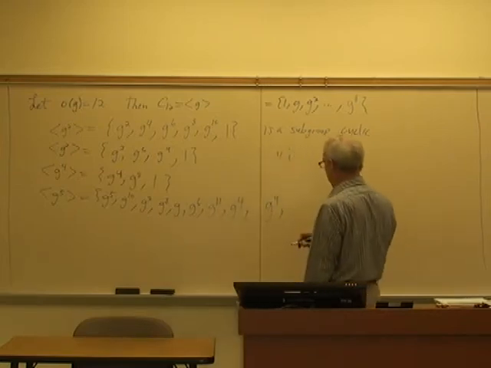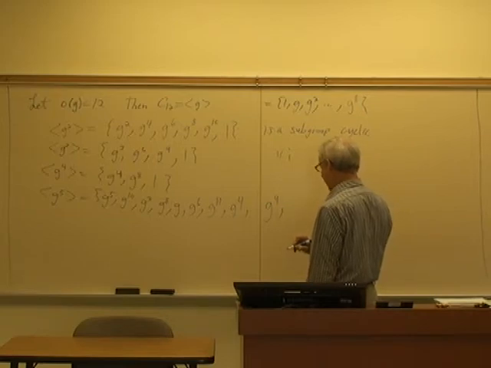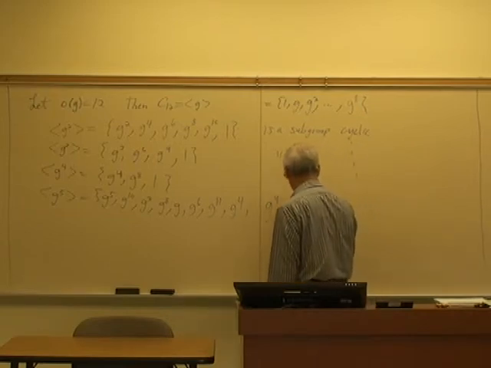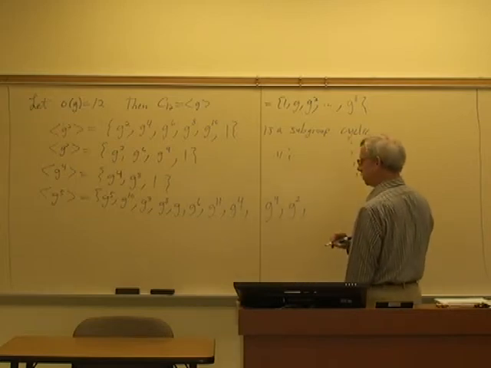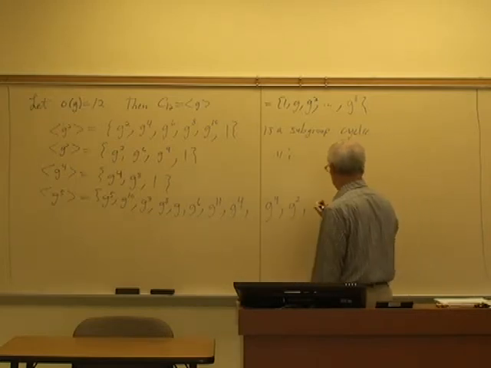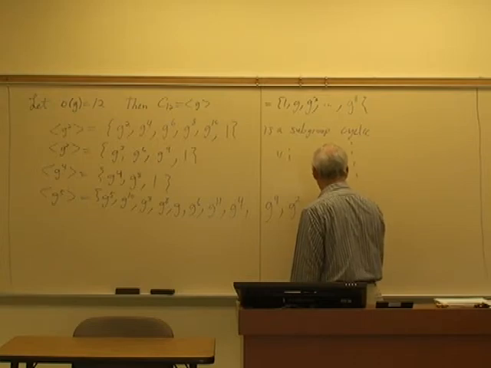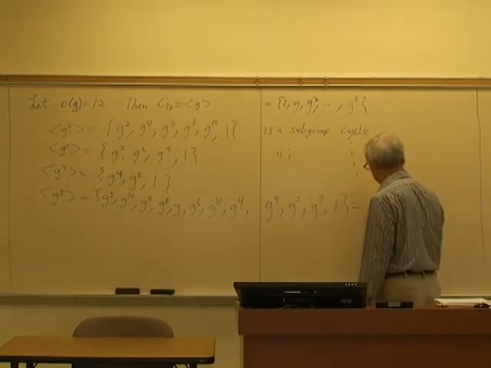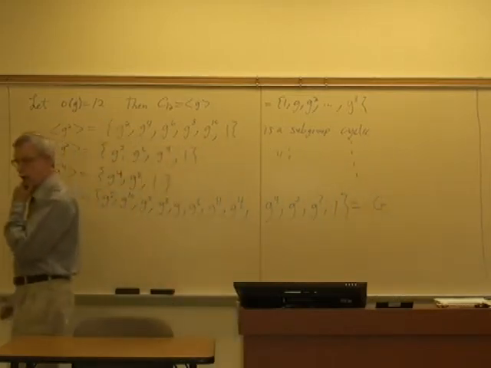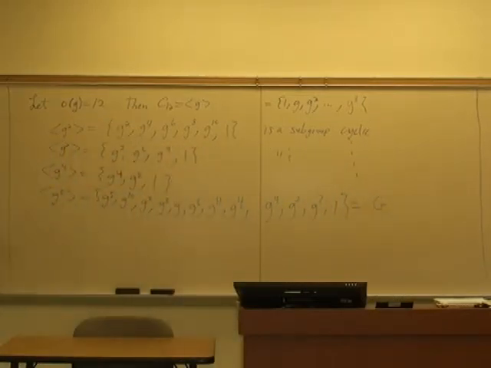And then 9 and 5 is 14, which is 2. And then 7. And then 1, right? 7 and 5 is 12. That's the whole thing, right? So attempting to use G5 to generate a subgroup, I got the whole thing, so that's not a subgroup, that's the whole group.